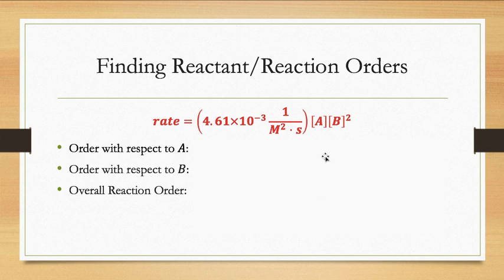So if I know this information now, again, I can figure out the reactant orders and the overall reaction order just by looking at these values. So it's first order with respect to A, second order with respect to B, and third order overall just by adding those two together.